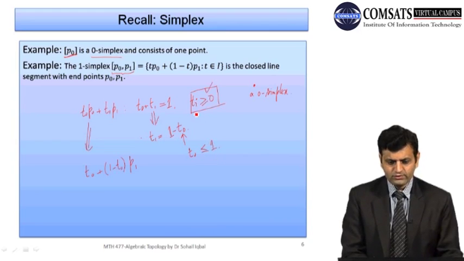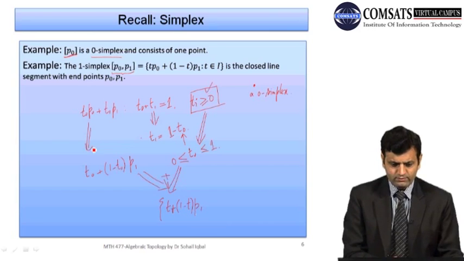Also the condition imposed on t0 is that it should be greater than or equal to 0. So this condition implies that the form of elements of this one simplex is t p0 plus 1 minus t p1, sorry, there should be p0 here as well.